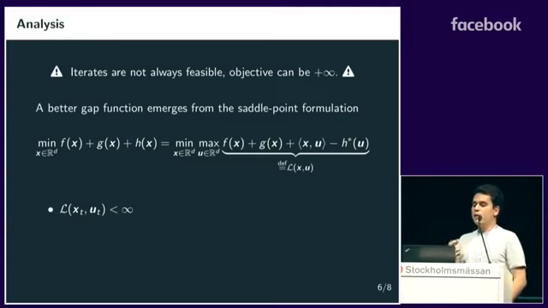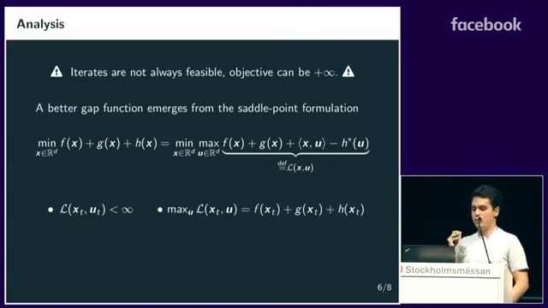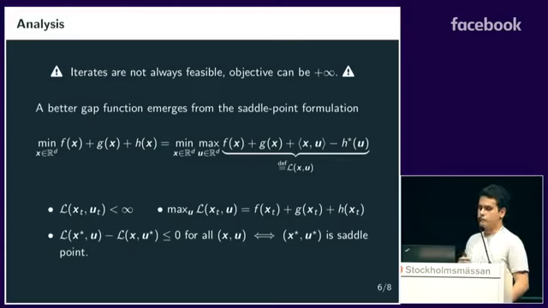And this way, the objective function in my saddle point problem has the nice property that now at the iterates, it becomes bounded. I no longer have the problem that it blows up to infinity. And also because of Fenchel duality, I can recover my objective function by maximizing over one of the variables.